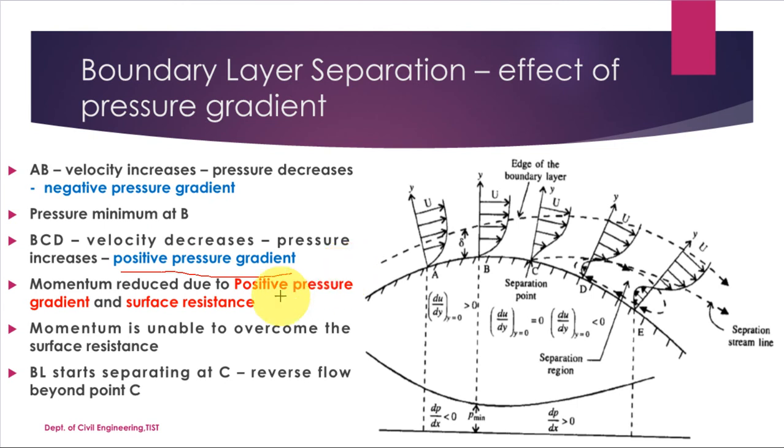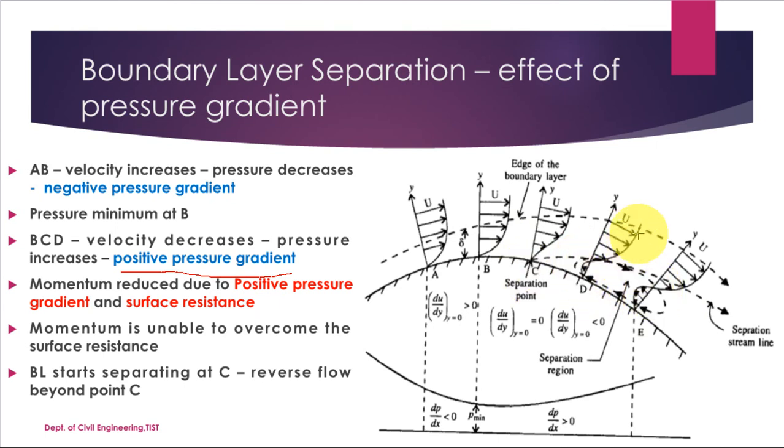So what happens due to this positive pressure gradient and the surface resistance is that the momentum of the fluid particles is reduced, and at one particular point the momentum is not able to overcome the surface resistance, or the velocity is reduced, and the boundary layer separates. And we can see that after the point of separation there is reverse flow occurring.